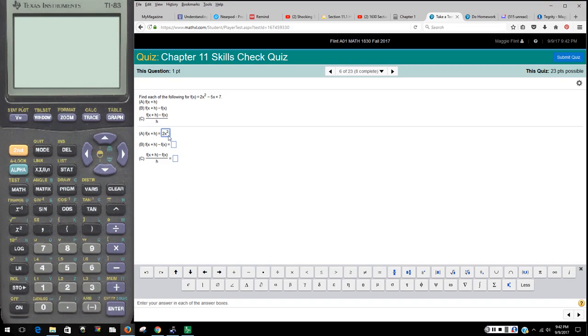And then it's going to be plus 4xh plus 2h squared minus 5x minus 5h plus 7.